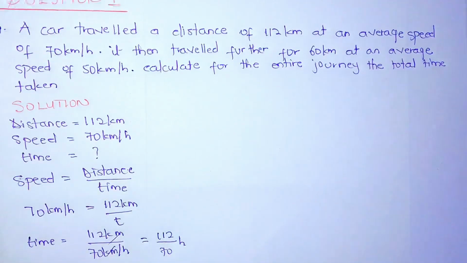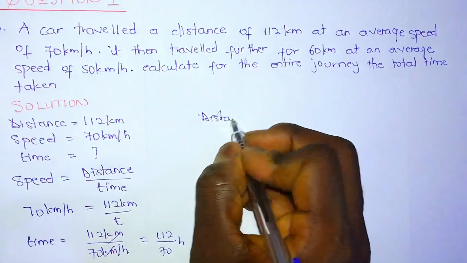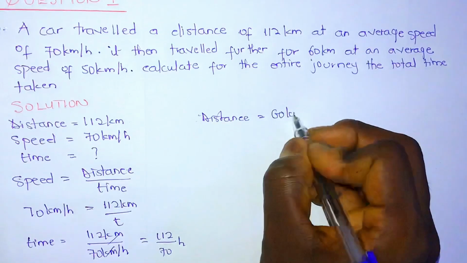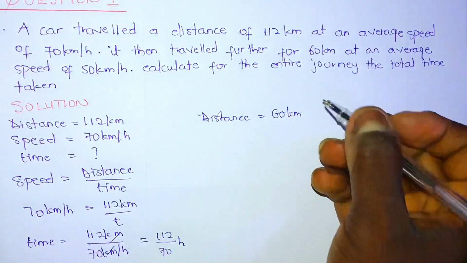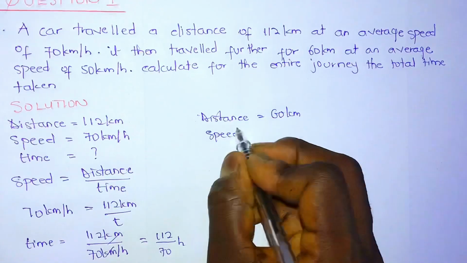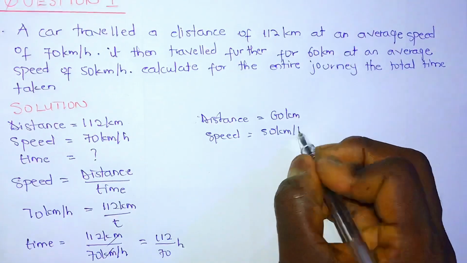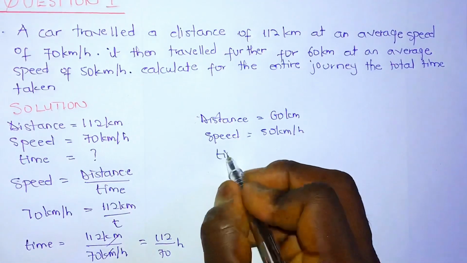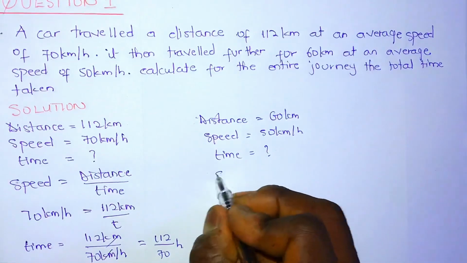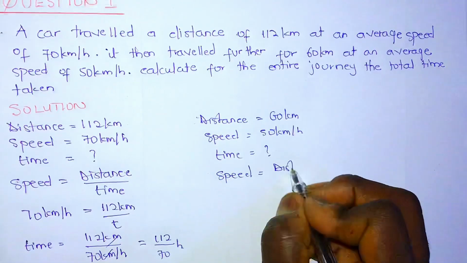It then traveled further for 60 kilometers. So for the second one, distance is 60 kilometers. Speed is 50 kilometers per hour, and we don't know time. Using the same approach, speed is equal to distance over time.